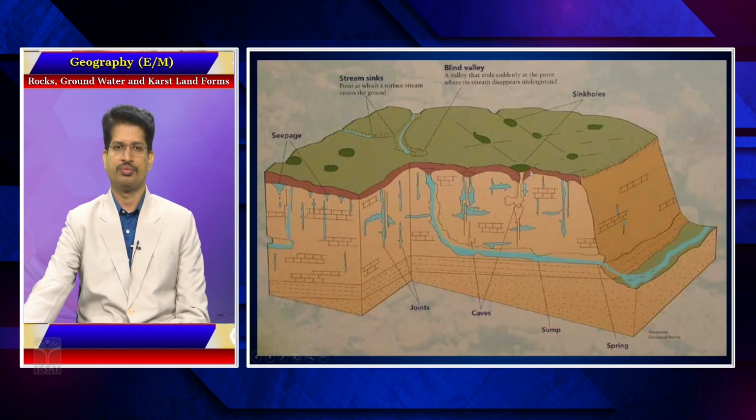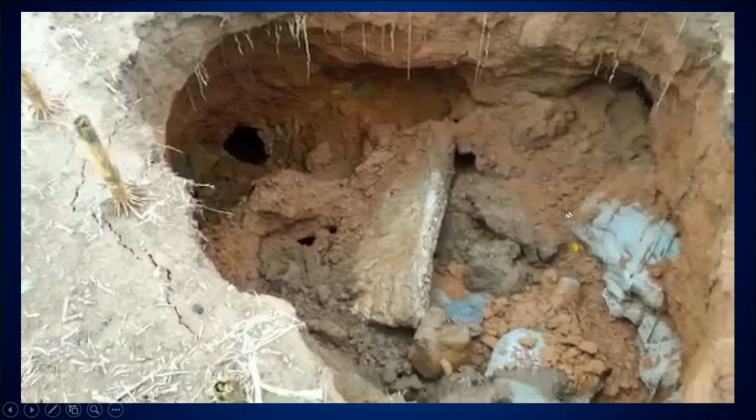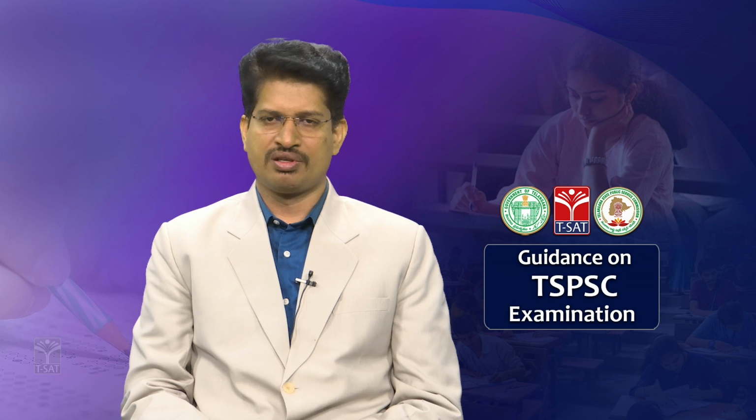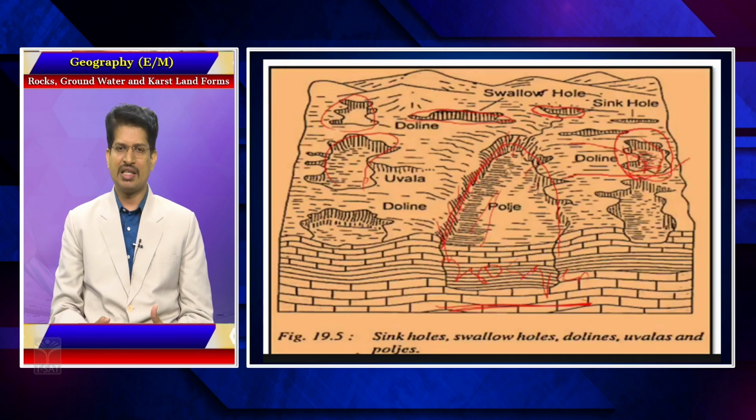Sinkholes, caves, so these are sinkholes. When the solutional activity extends, what happens? Both the sinkholes merge to form a larger structure. This is because of the solutional activity. When the roof of the cave collapses because of the merging of the sinkholes and dolines, because of increasing solutional activity, this kind of feature is known as a collapse sinkhole.